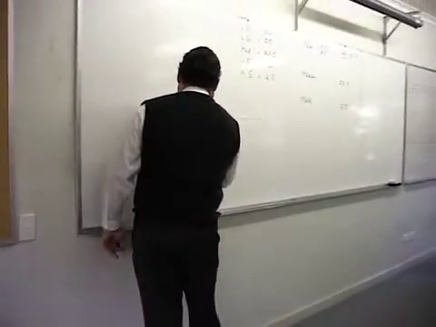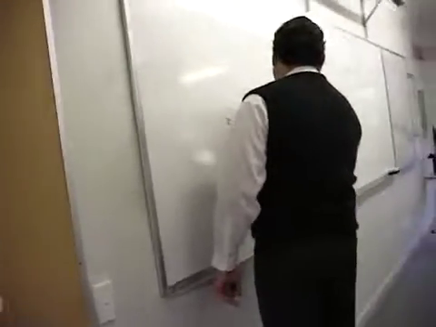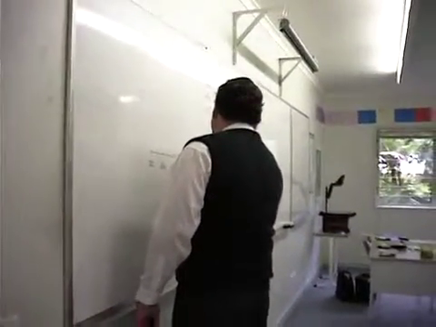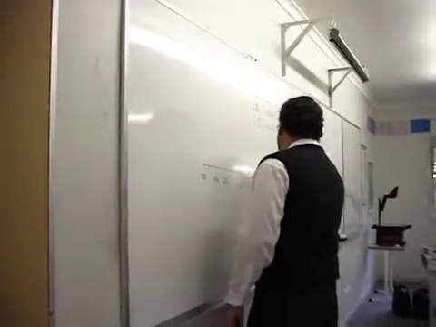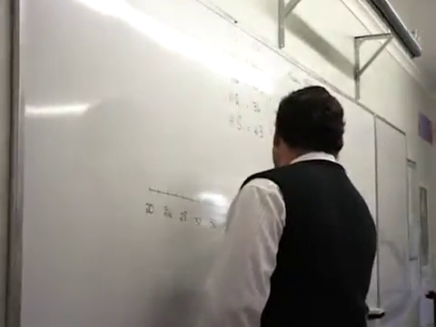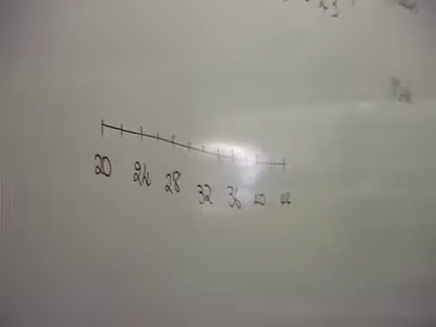So we've got 22, 24, 26, 28, 30, 32, 34, 36, 38, 40, 42, 44. Okay, so that was the scale that you elected to use, let's say.